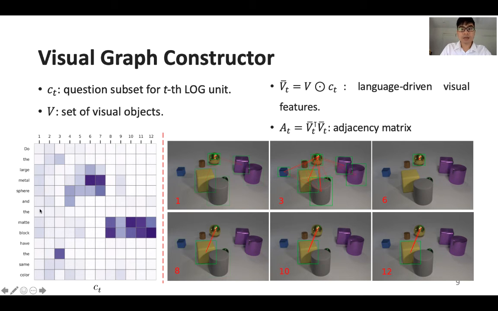On the left side is a figure to show the subset of words in the question that is used by each log unit in our network, and the figures on the right show the visual graph learned by LogNet. As you can see, the network converges after a few log units, so the topology of the graph doesn't change much in later units.